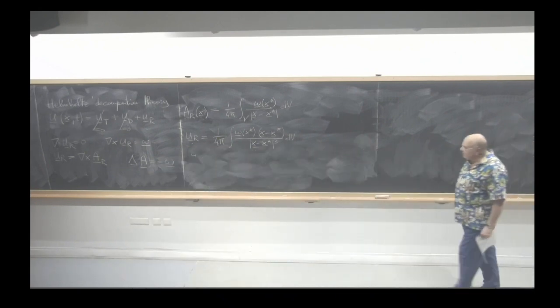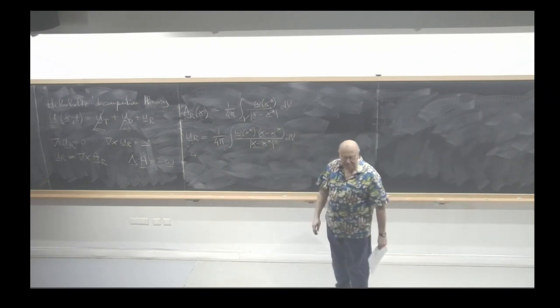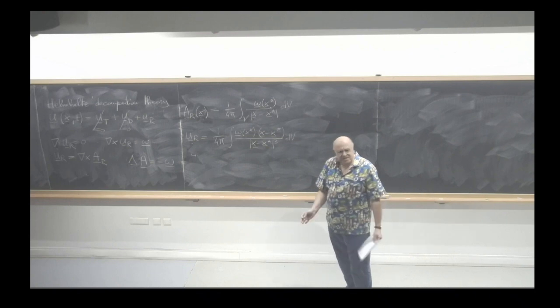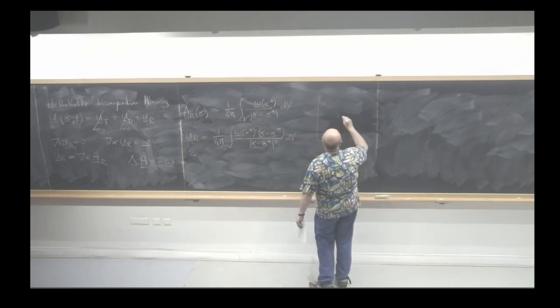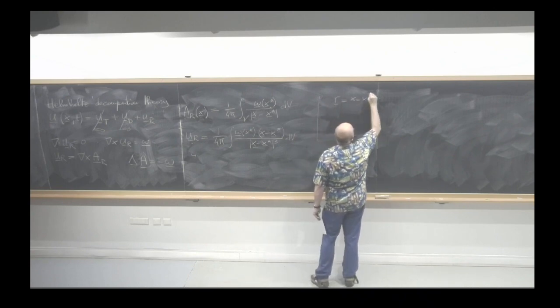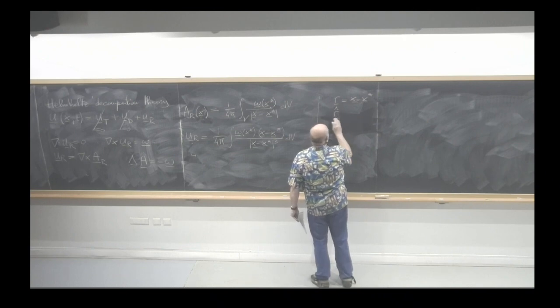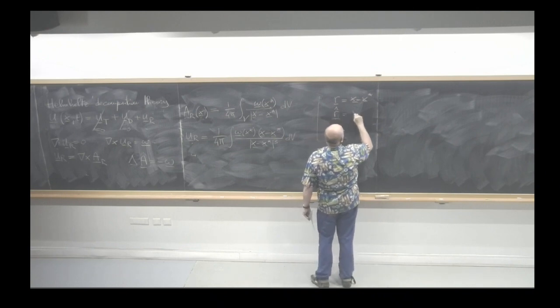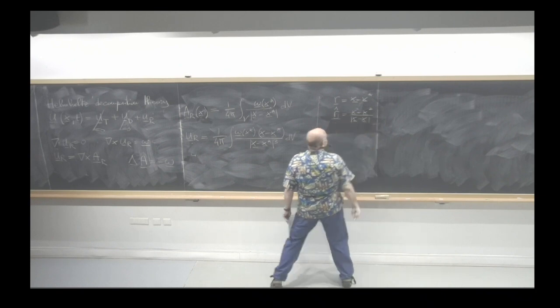I'm tempted, I'm sorry, I'm jumping around from time to time, but please consider r as x minus x star, and then r hat, the unit vector, as x minus x star divided by its magnitude.